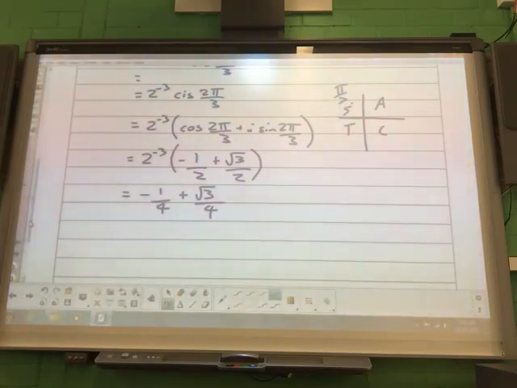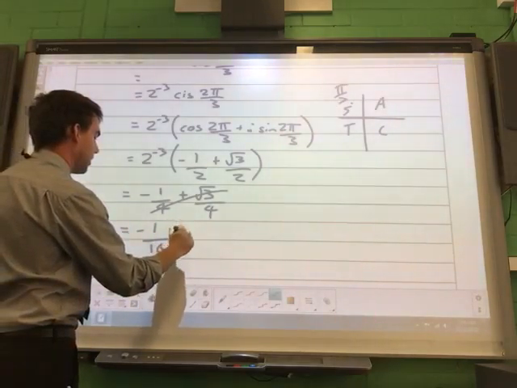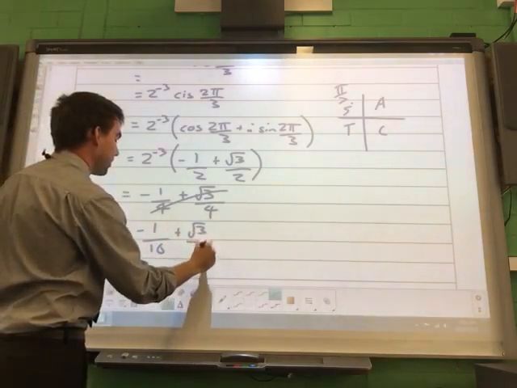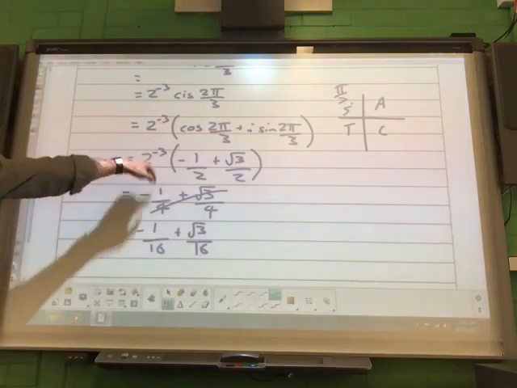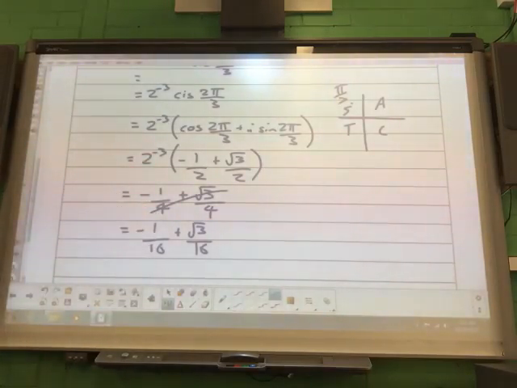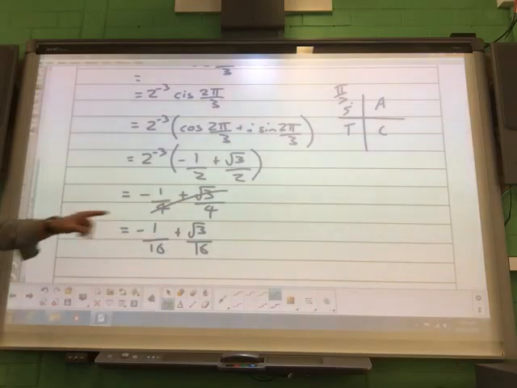Is it negative 1 over 16? Yeah, it is. Because of the negative, on the bottom. So it'll be 1 over 2 to the power of 3, multiplied by those, so you have another power of 2 added with it, so 16 on the bottom. Good.